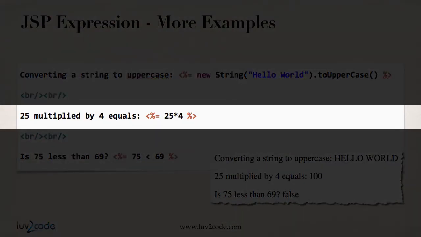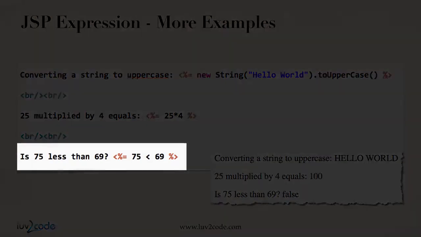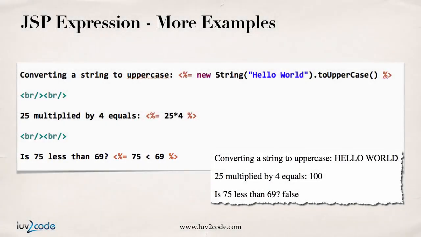Here I can multiply a value, 25 times 4 equals, and you can put any math expression in there that you'd like. You can also have Boolean expressions. Here I could say, is 75 less than 69? And it'll give me a value of true or false. That's an example of using JSP expressions. So we saw objects, mathematical expressions, and also Boolean expressions.